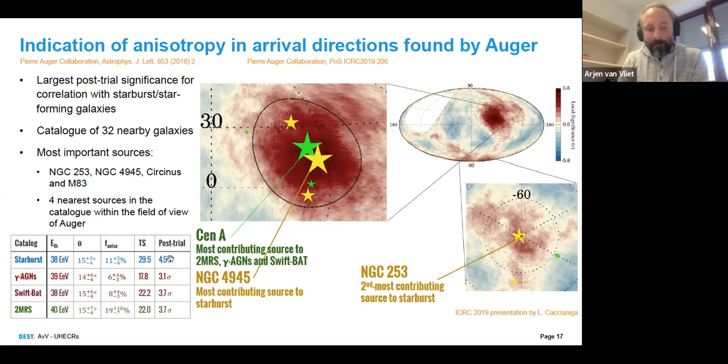The highest post-trial significance is for starburst galaxies, which is 4.5 sigma, and the different catalogs of AGN get up to about 3 sigma. The main difference is really this one source here, NGC 253, which is in the south and can explain this hotspot, while there is no nearby AGN in this area.